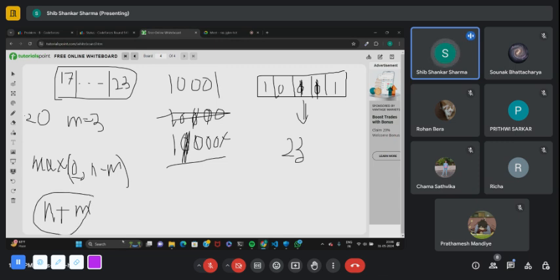So this is what I will do, and after that I will start off with the minimum value. As you can see here, we started with 17. We'll make an answer array which will store all the bits of this minimum value only. After that, we will loop through all the bits of the minimum value that we got.